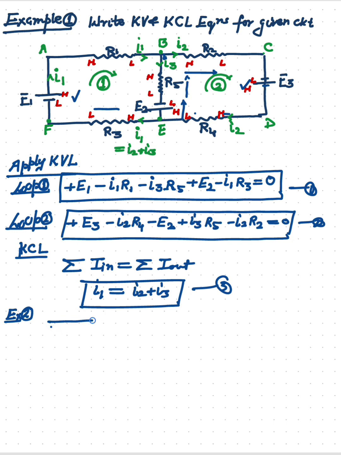This time suppose this is the battery E1. Okay, and this is the resistance, and again this is another battery here, and this is the resistance, and here this is the resistance.